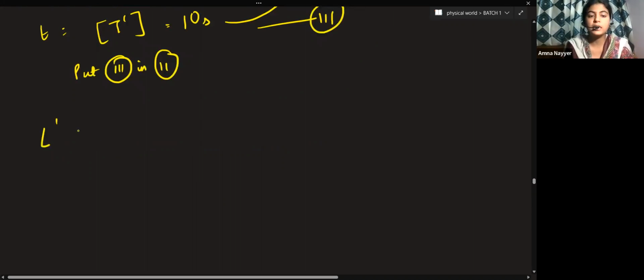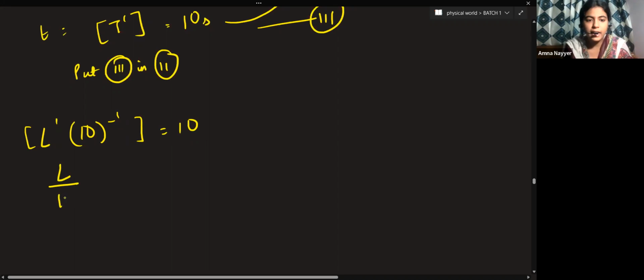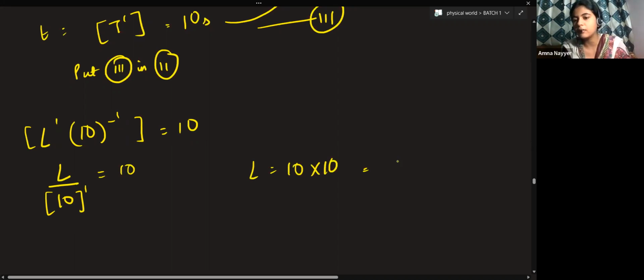L to the power 1, T to the power minus 1. So T is 10, T to the power minus 1 is 10 to the power minus 1. This much is equal to 10. So if I write it L by 10, this minus power becomes plus 1 power. This is equal to 10. So length becomes 10 multiplied by 10, that gives me 100 meters.